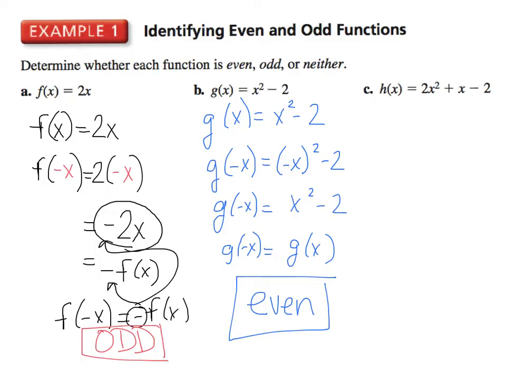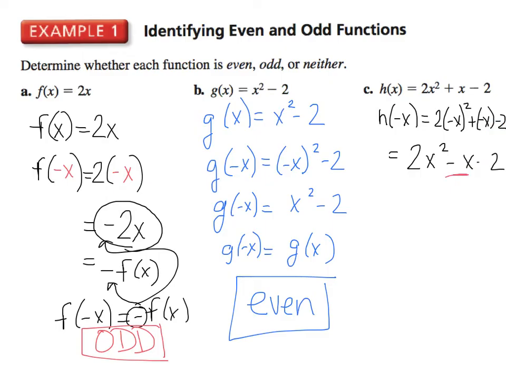Now we look at our last example. We're going to plug in h of negative x. So that gives me h of negative x equals 2x squared, because that becomes positive, minus x minus 2. Well, did all of these values change? Did this change to a negative, this change to a negative, and this change to a positive?